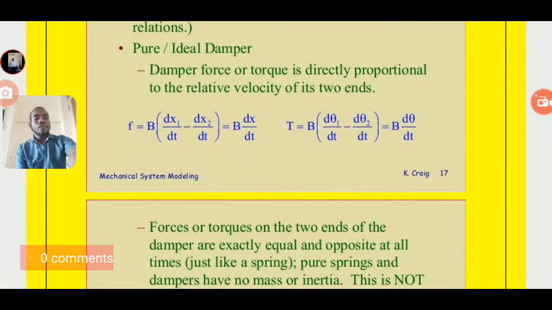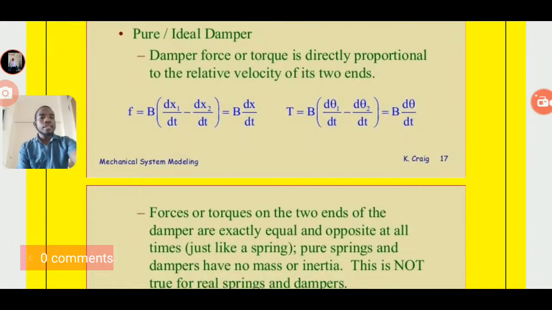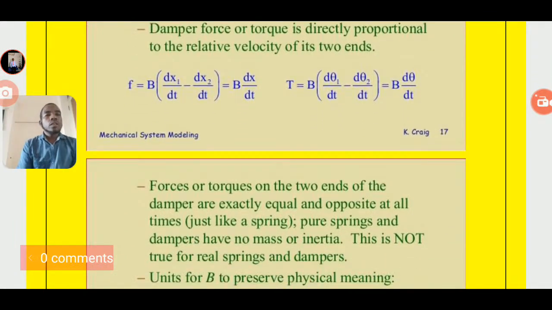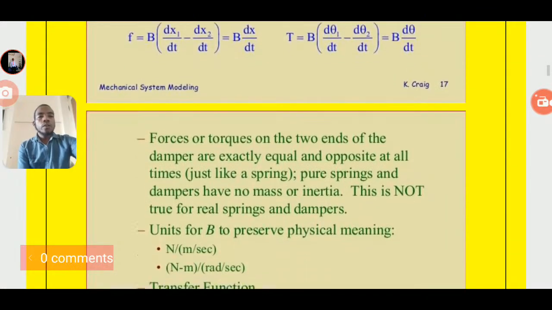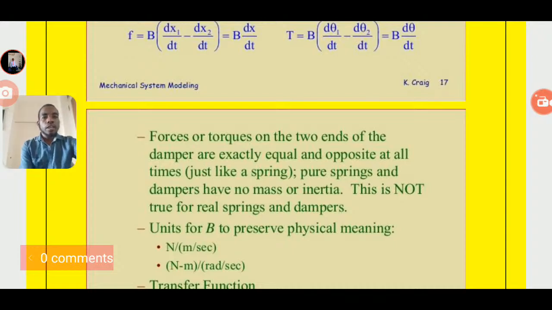In the first case this is the force and this is the torque. Torque is due to rotational motion, while force is due to translational or linear motion. We can identify or differentiate these concepts like this.